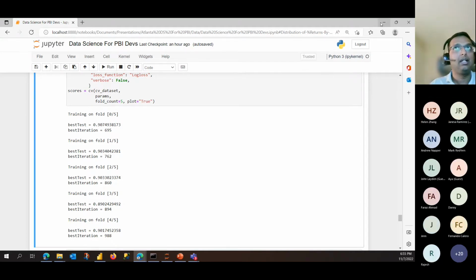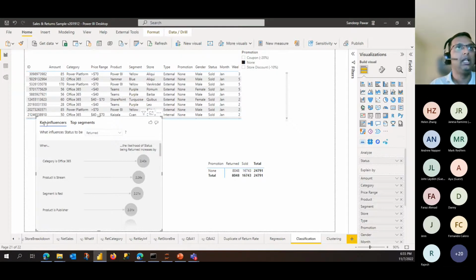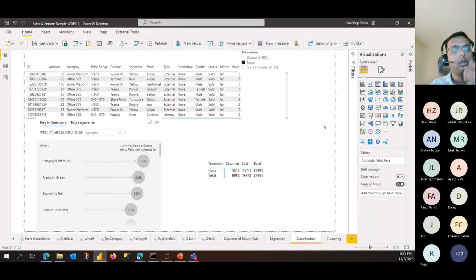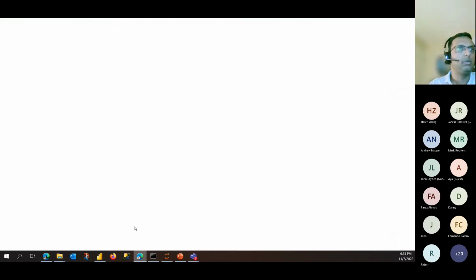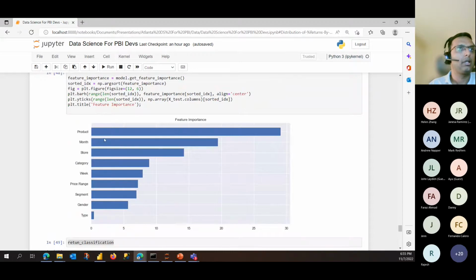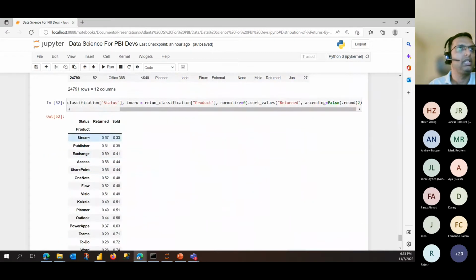A data scientist can take that, and then import those into Power BI and create a report on top of that. So how would you use that as a Power BI developer? Well, you can create a page here where you have something actionable, where I now know which product category it's most tied to. In this case, the products that would be most returned would be this stream, whatever that is, publisher, exchange, and access, and SharePoint.